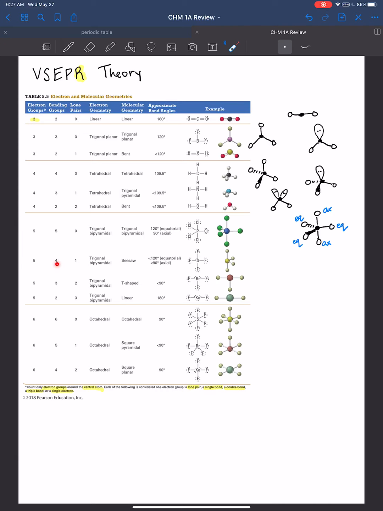Now, what happens if we have 4 bonded groups and 1 lone pair? With this series, it's important to remember that lone pairs take up a lot of space. We discussed that when we were talking about why the bond angle for the bent shape is less than 120 and not exactly 120 like it is in trigonal planar. It's because it's taking up a lot of space, and that's why I like to show it as a balloon.